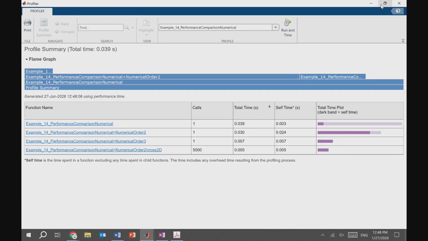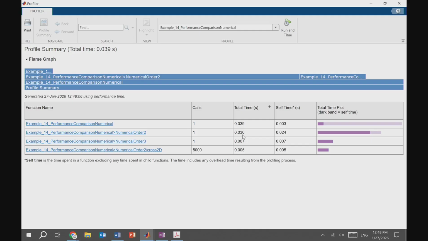So this would be n, and this would be order n square, order n cube. And then we can note execution times. So we have order n square, execution time 0.03.